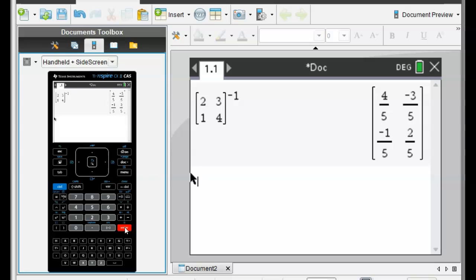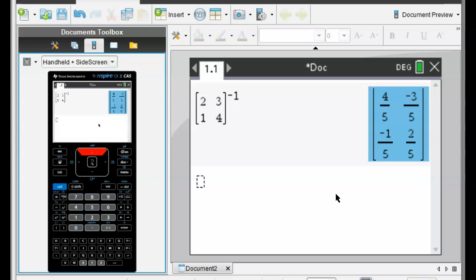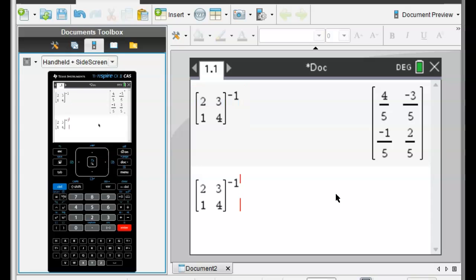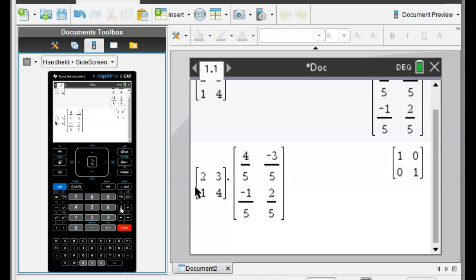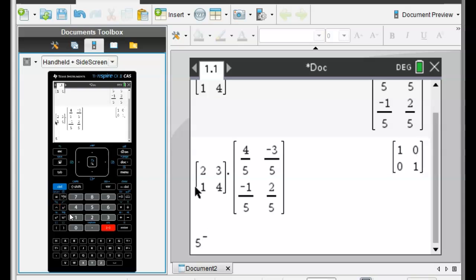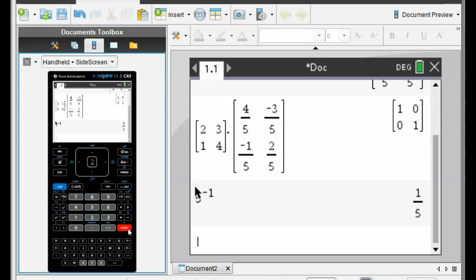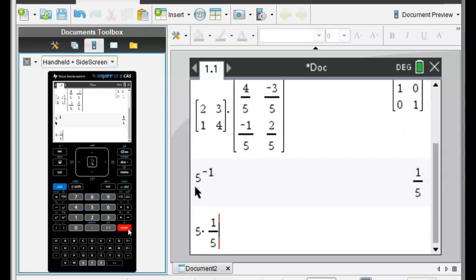Now, remember what I said before, your matrix, in this case this matrix here, multiplied by its inverse will give you the identity matrix. So let's prove me right or wrong. So I'm going to just do that again, get rid of that power of -1. Remember, the matrix multiplied by its inverse gives you the identity matrix. It's the same as what I was saying before, any number to the power of -1 gives you its inverse, which is 1/5, and 5 times 1/5 gives you 1.